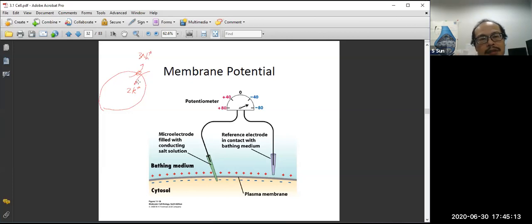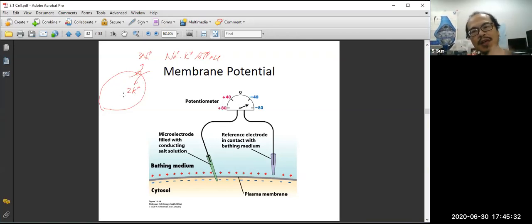So this is called the sodium potassium ATPase. Okay, and if we have this in our cell, what is the consequence? There are 2 consequences.